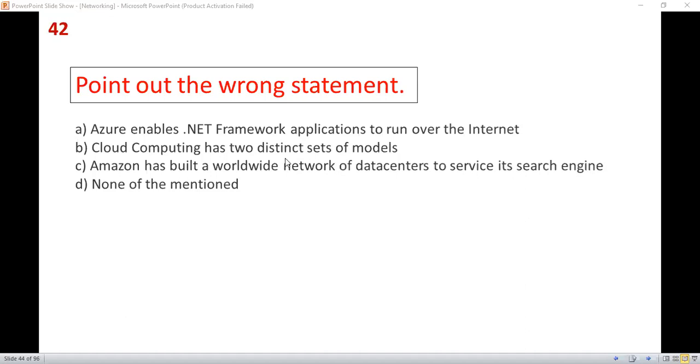If we are talking in terms of sets, there we have two models, which are software as a service and platform as a service. Infrastructure is also a part of the models, but in the set we have two models which can work exactly the same, a service and a platform. We can say that these two are the essential models.